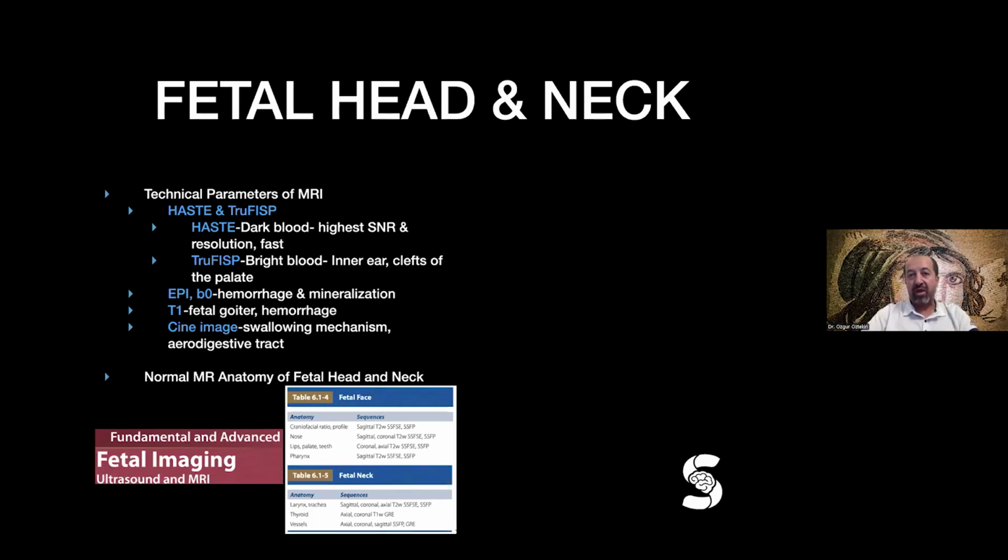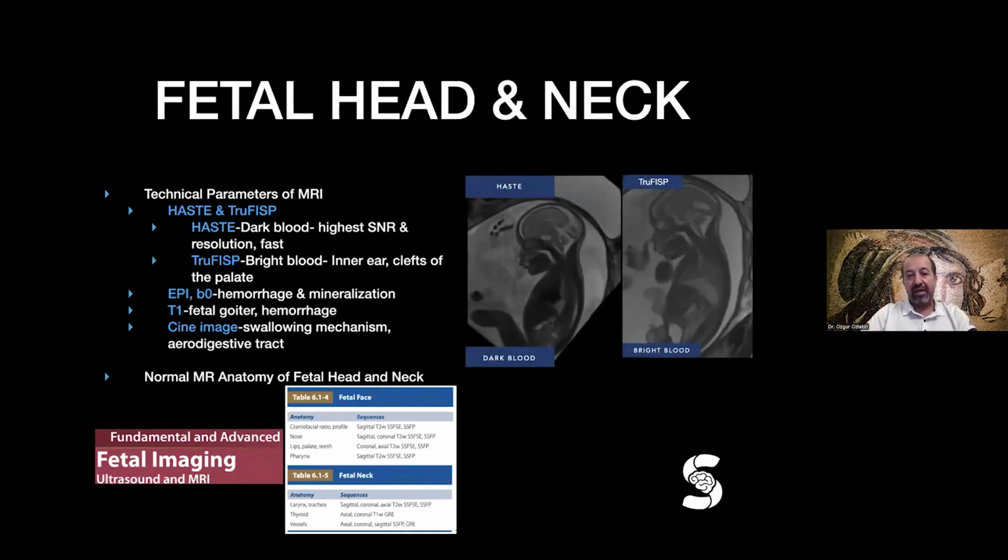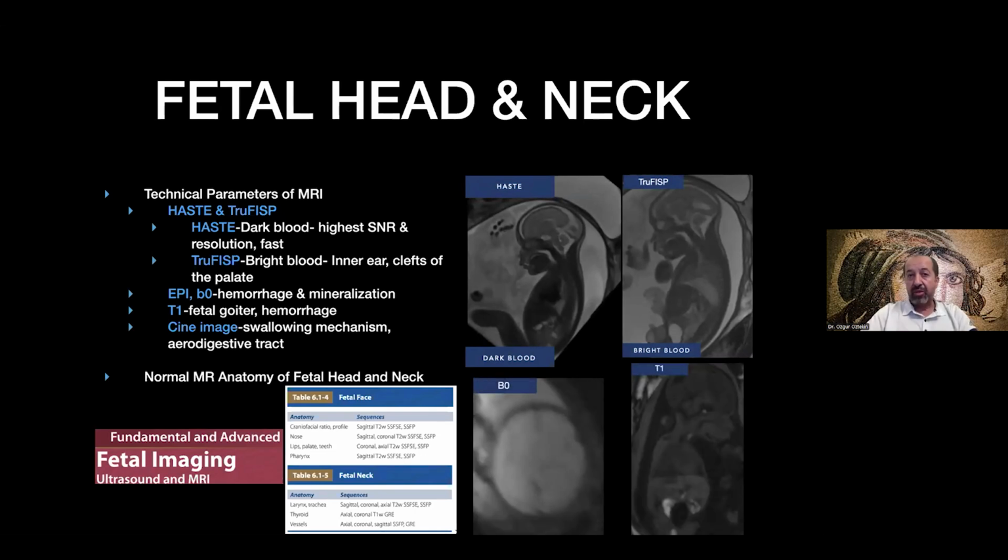Camilo very well summarized the technique in the earlier session. In my daily practice, HASTE and TRUFISP sequences are the two most helpful sequences. Sometimes susceptibility-weighted and T1-weighted sequences are problem-solving in some of the difficult cases.